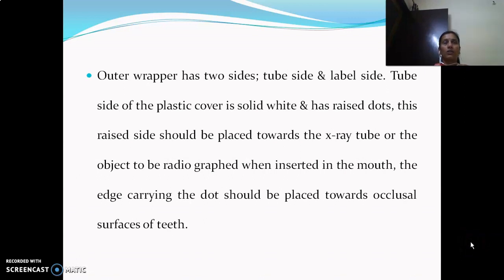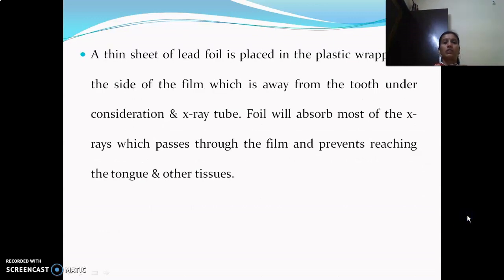This outer layer consists of 2 sides, one is the tube side and the other is the label side. The tube side is completely solid white and has an embossed raised dot which should always be placed towards the X-ray tube. And the edge carrying the dot should always be placed towards the occlusal surfaces of the teeth.